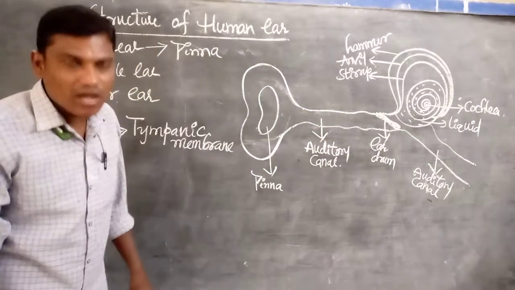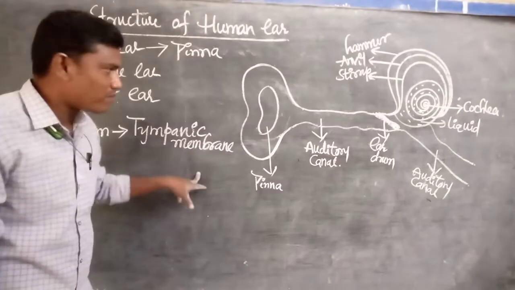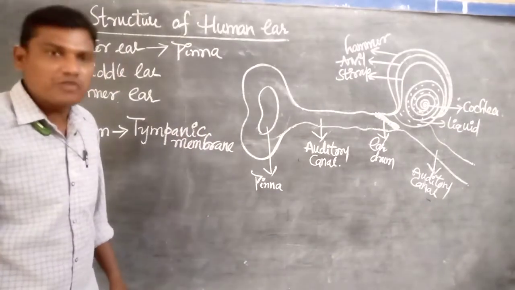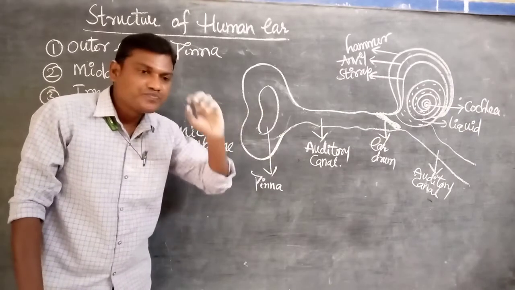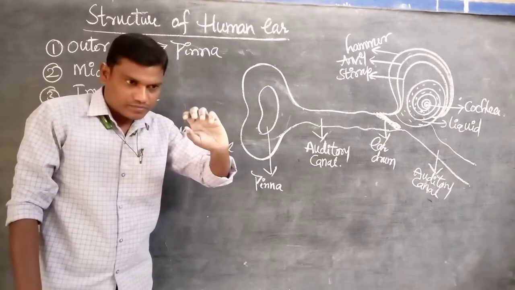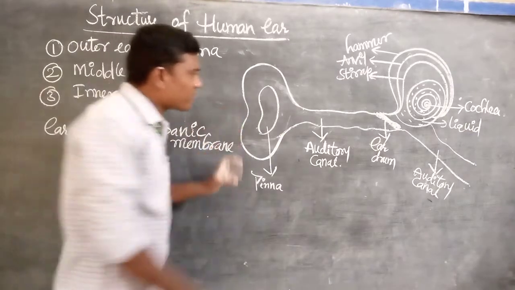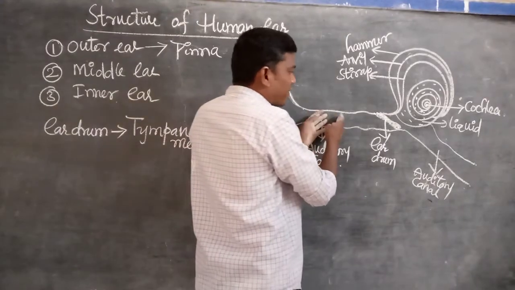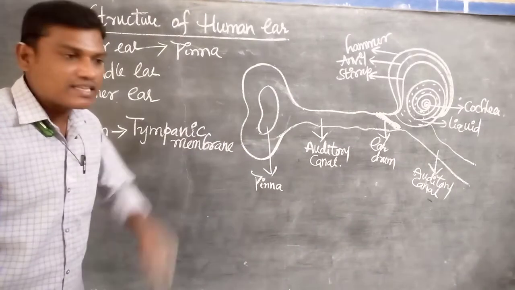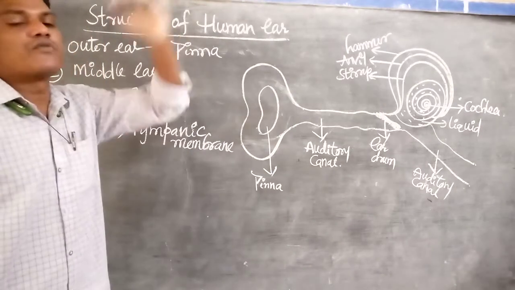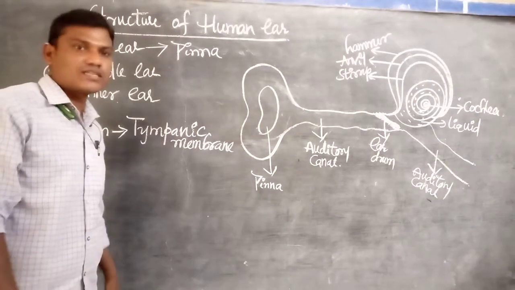What is the use of the eardrum, or tympanic membrane, in the human ear? It plays an important role here. Whatever frequency of sound reaches it, the eardrum further amplifies the frequency of the sounds.